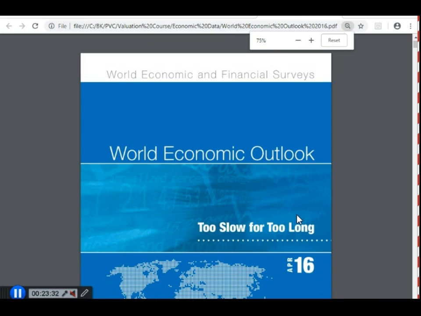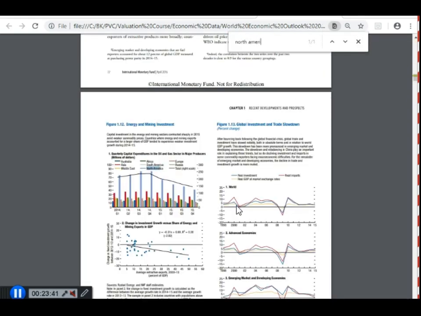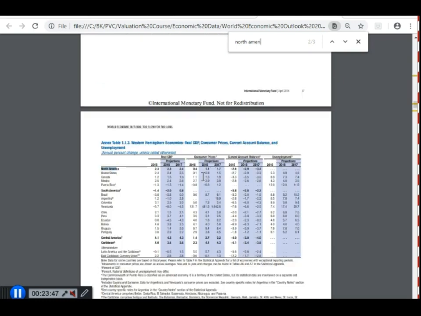If I look into it, I can probably find economic growth here. For example, North America. Not only this, but there will be many different analyses. This can tell you about specific areas. This can tell you about specific real GDP. So this is 15, this is 16 and 17 forecast projections.